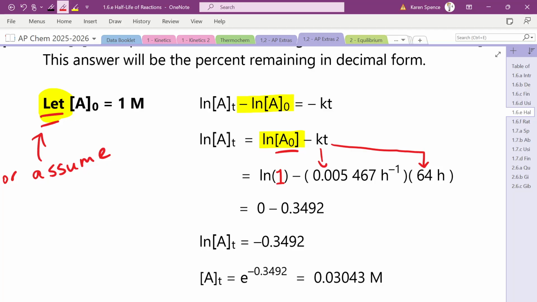Do you guys know how to do the inverse of natural log on your calculator? When in doubt, if you want the inverse of something, it's probably the second function or the shift. So what I'd like you to do is, on your calculator, find your natural log button.